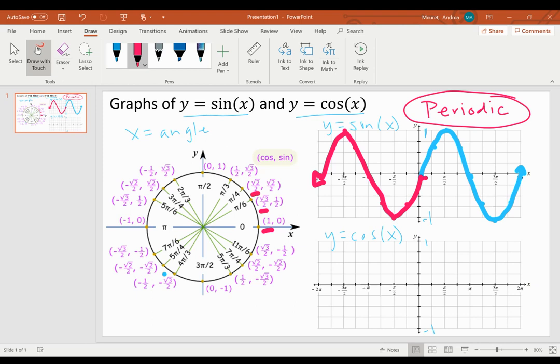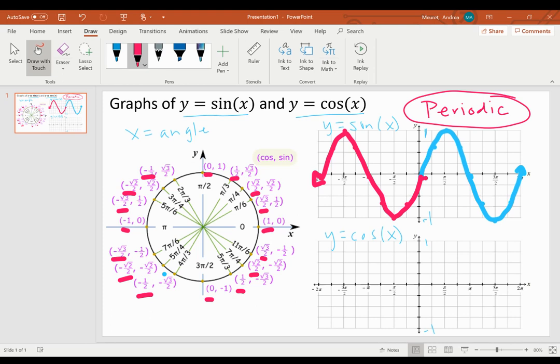Again, in our function, x is going to represent the angle, and y is going to represent the cosine of that angle. So here are all of our cosine values going around the unit circle.